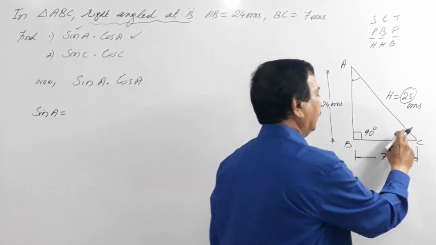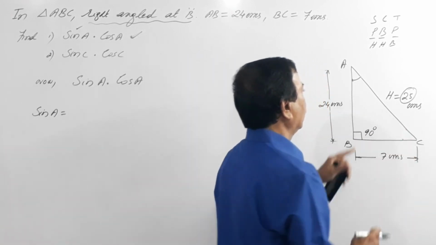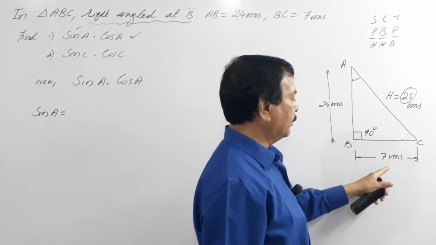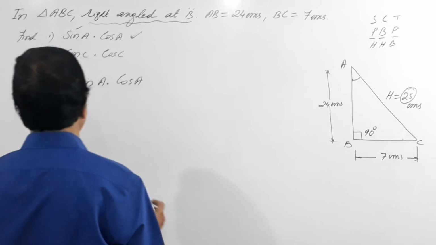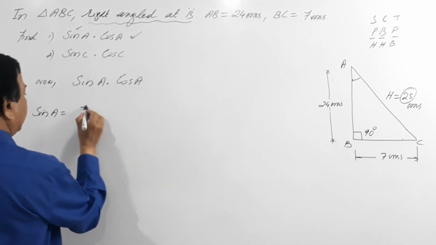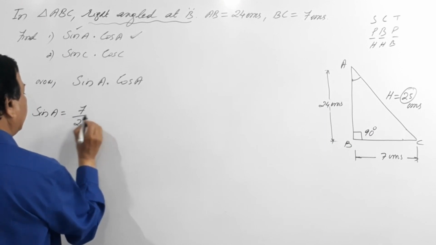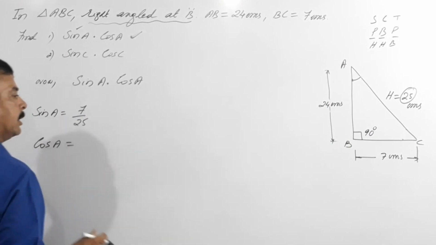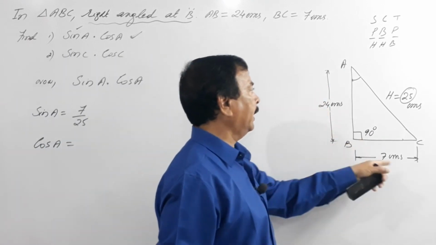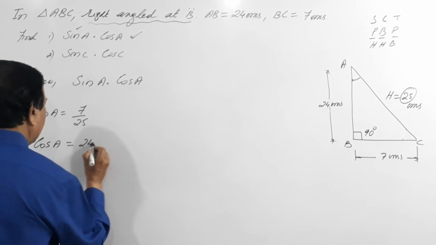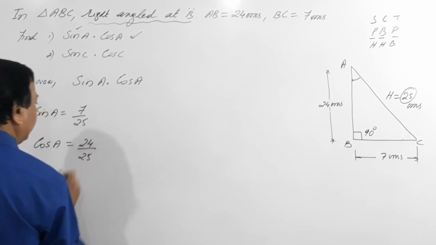Opposite by hypotenuse, sine is opposite side by hypotenuse. So opposite is 7 by 25, and cos is adjacent 24 by hypotenuse 25. This is 24 by 25.